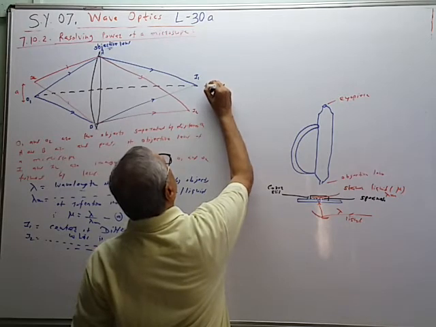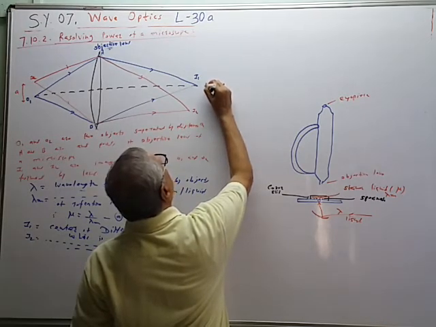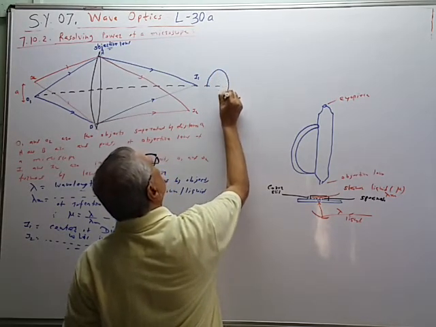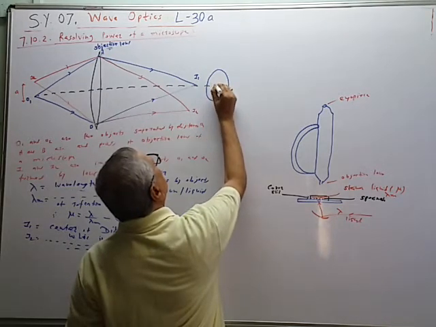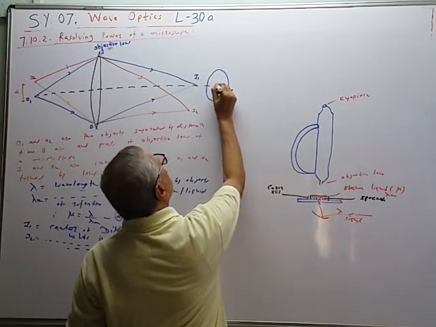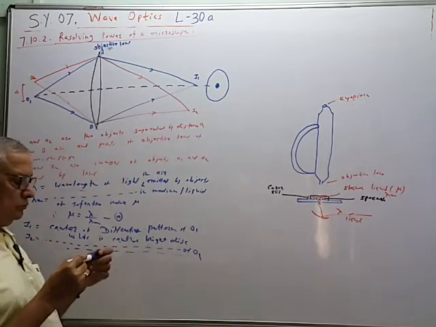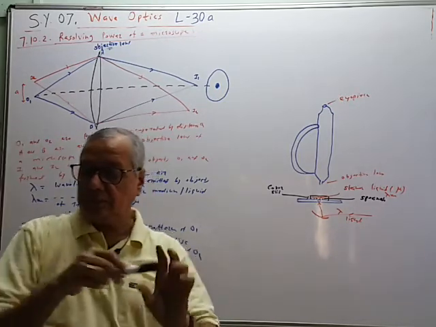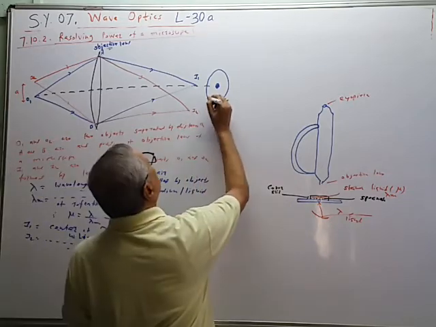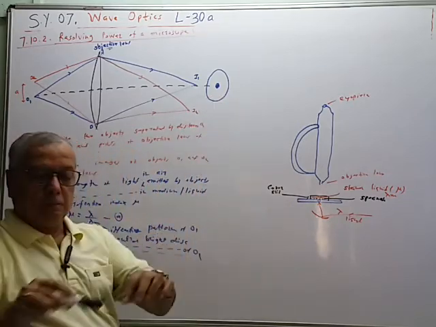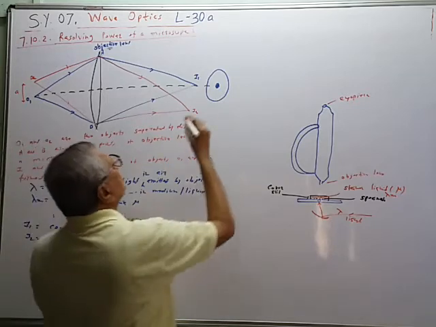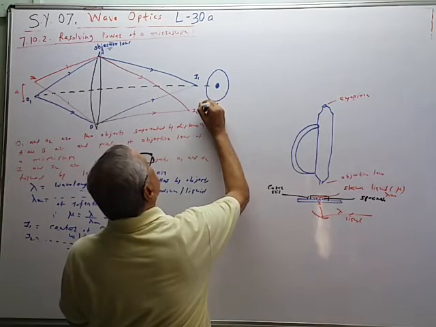So this is, say, the central bright disk of I1. This is the central bright disk.